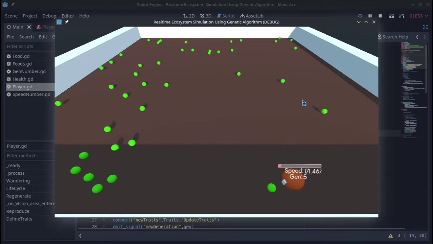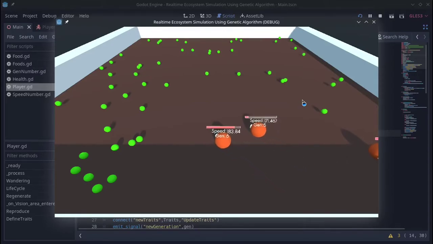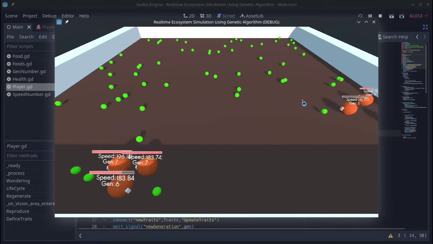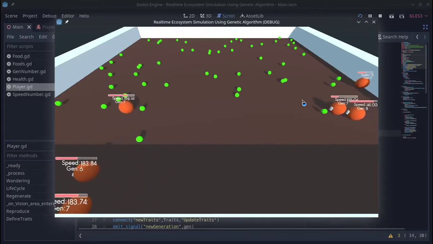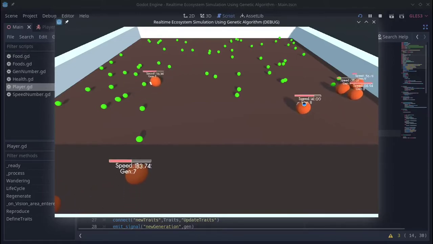But if its speed is slow, then the health decreases slowly, and hence it will have more time for searching for food. So basically that is it, and in every next generation its speed will get changed.